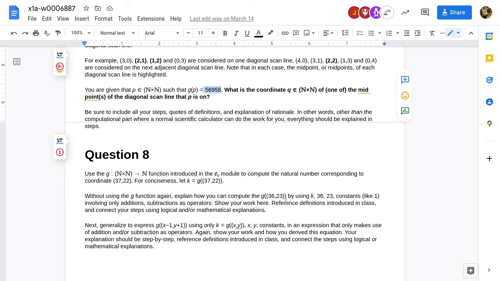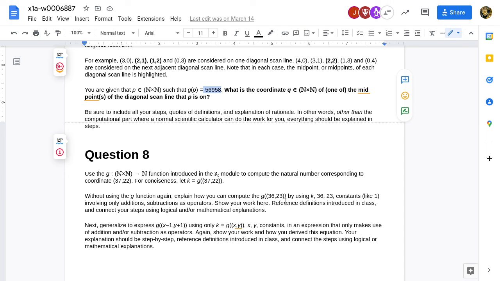Because all you have to do is to say, okay, that's 37 plus 22 times 37 plus 22 plus 1, the whole thing divided by 2 plus 22. That does not even require a scientific calculator. A $1 calculator from the Dollar Tree can handle this. Not a problem. But that's not what I'm asking. Without using the G function again, explain how you can compute the G value of 3623.